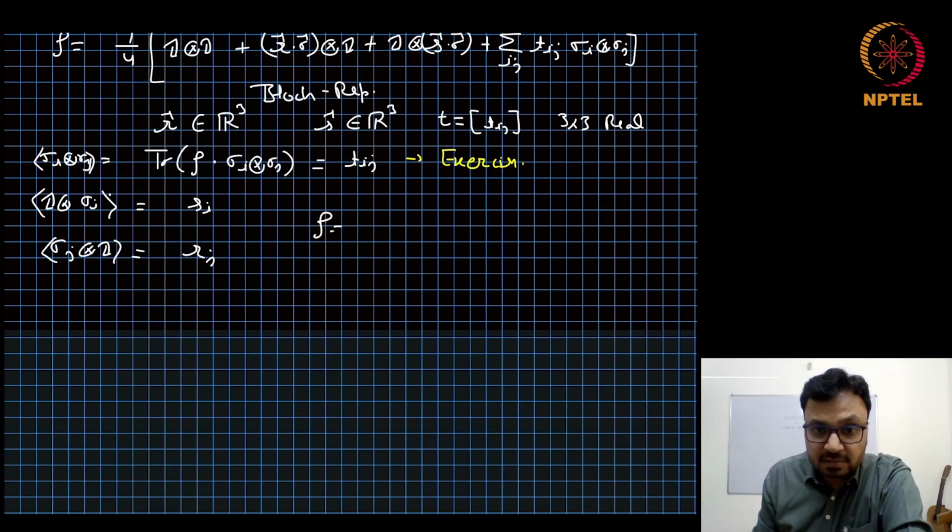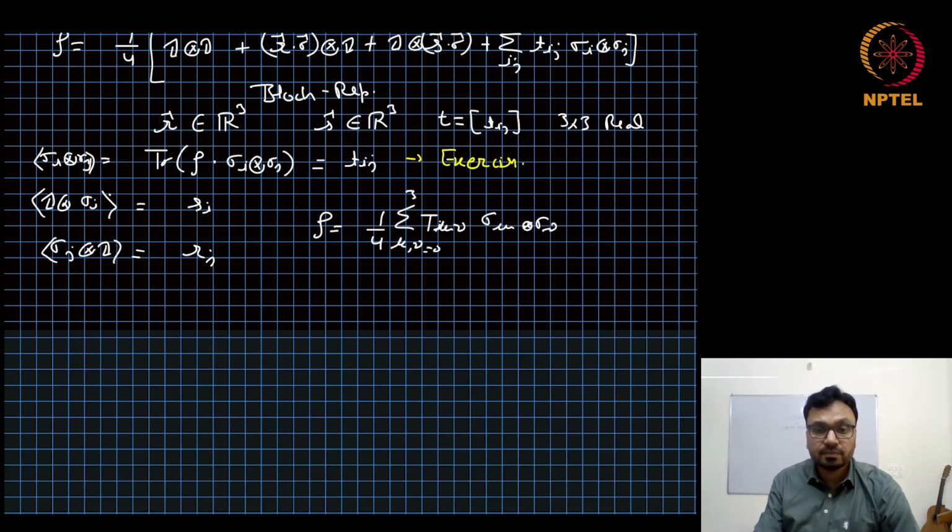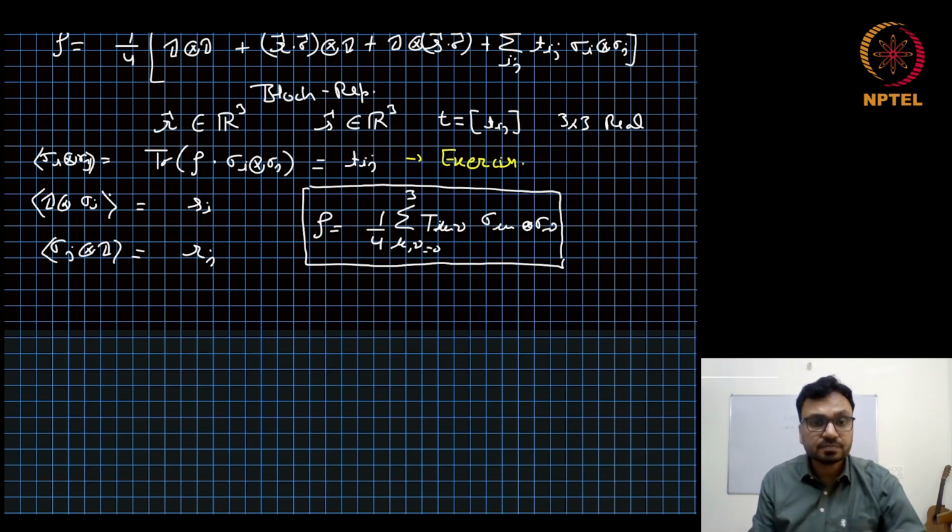So again, in short form, we can write this as 1 over 4 T mu nu sigma mu tensor sigma nu, summed over mu and nu from 0 to 3. This is the shorthand notation for the Bloch representation.